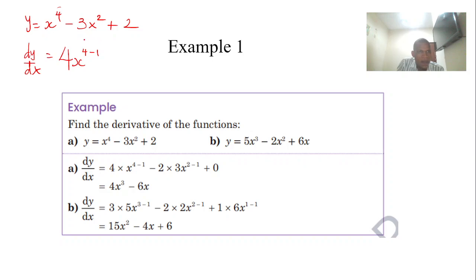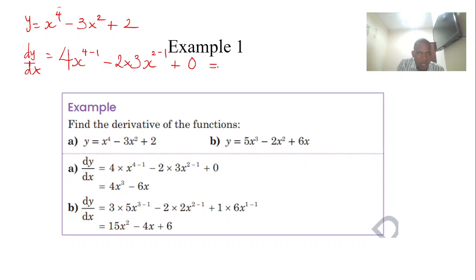Then I have minus this 3x squared. If I differentiate it, I'm going to bring this 2 over to the front, and when the 2 comes to the front, it has to multiply the 3. So I have 2 times 3, and you put your x to the power of 2 minus 1. Then plus, if I differentiate 2, I will get 0.